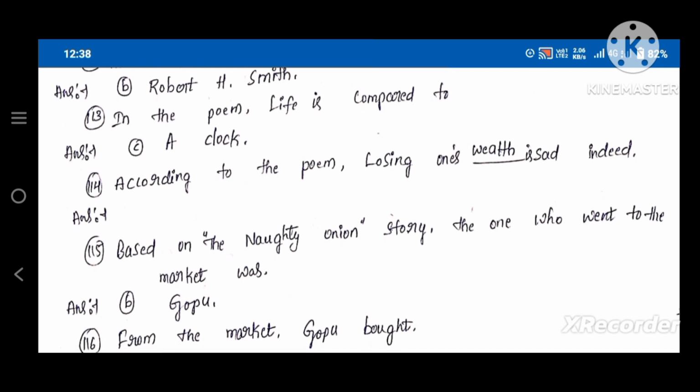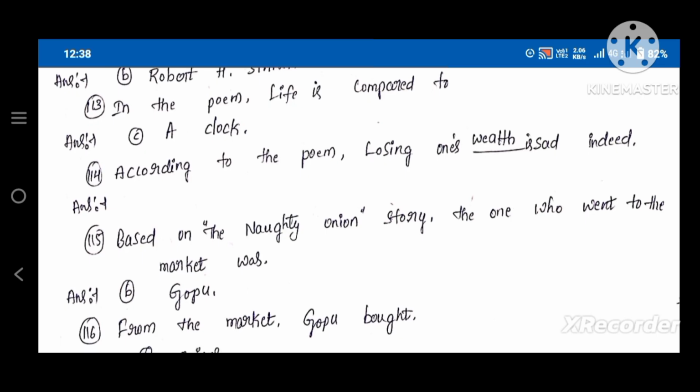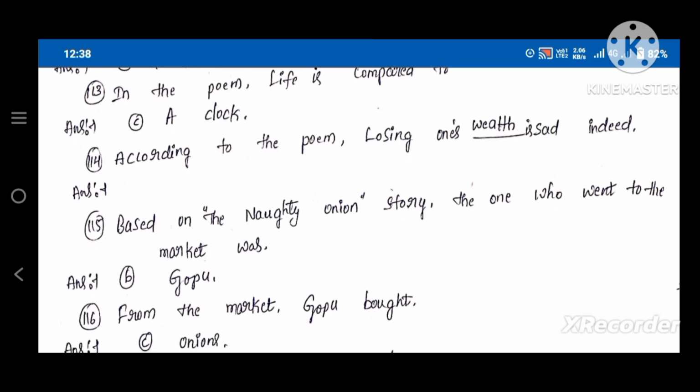In the poem, life is compared to... Answer is C. A clock. According to the poem, losing one's wealth is sad indeed.